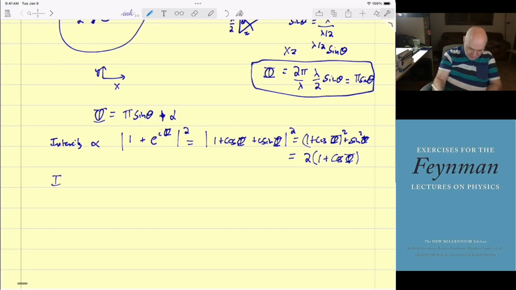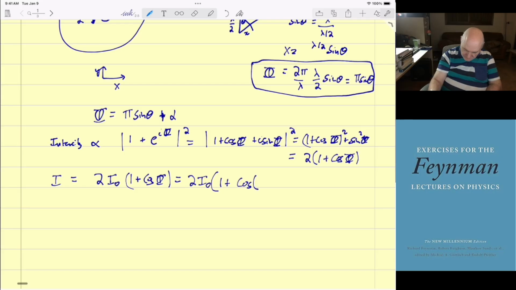Let's say the original intensity of one dipole is I0. Then I equals 2 I0 times 1 plus cosine phi, which is equal to 2 I0 times 1 plus cosine.